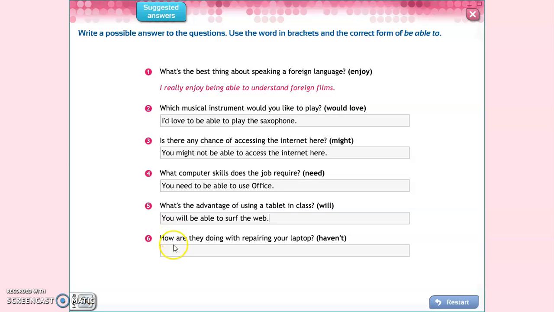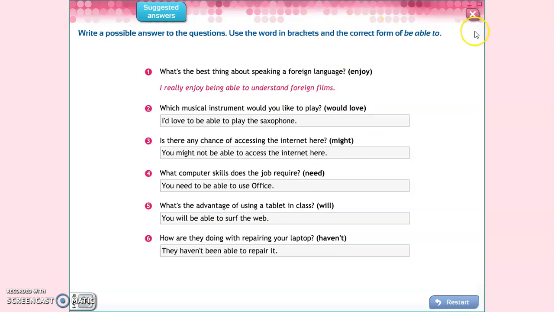The last one. How are they doing with repairing your laptop? Okay, negative. They haven't been able to repair it. Okay, so these are all the possible answers to this exercise.